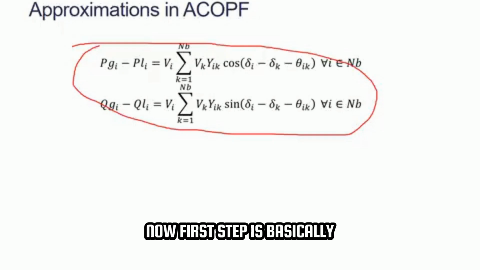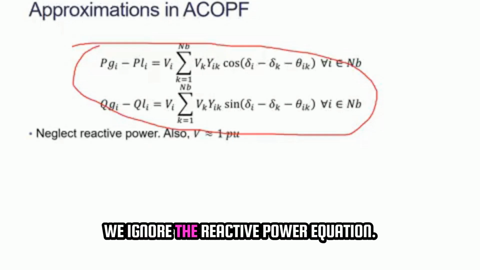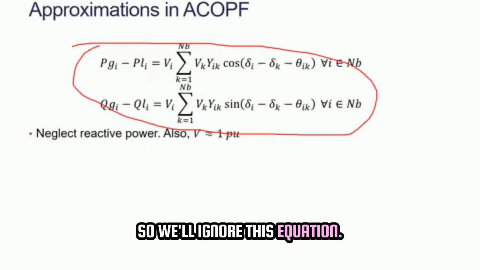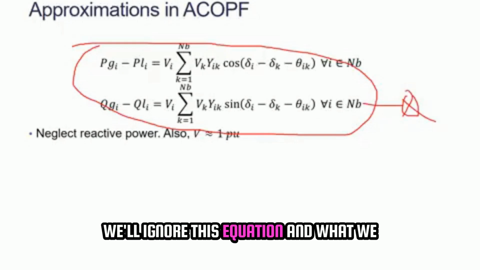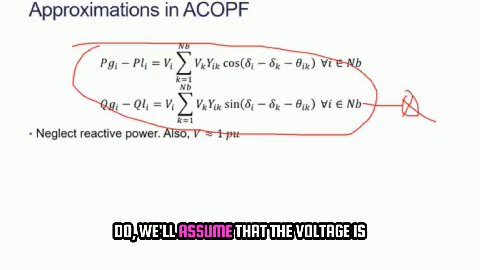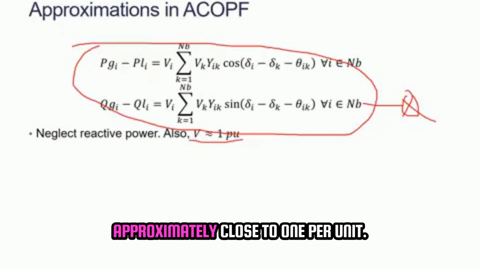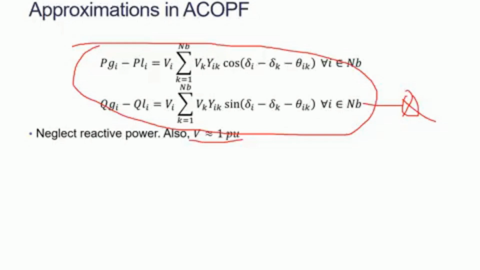Now the first step is basically we ignore the reactive power equation. So we'll ignore this equation, and we'll assume that the voltage is approximately close to 1 per unit.